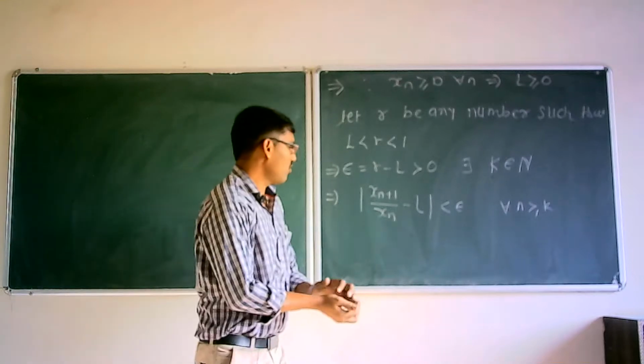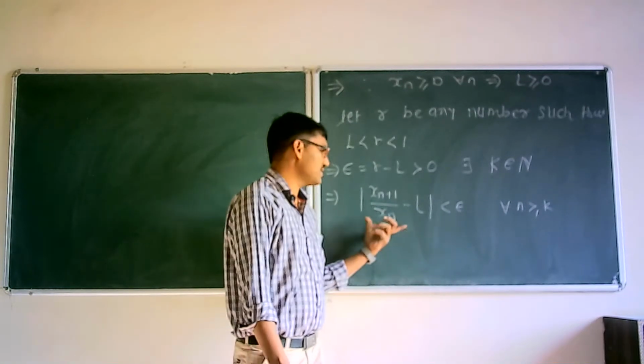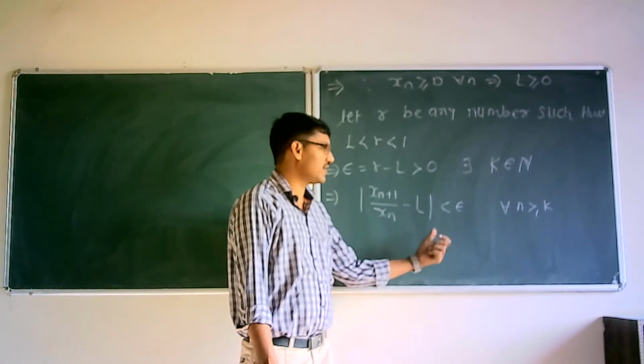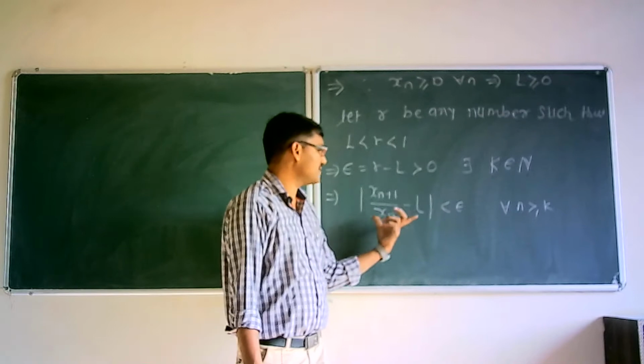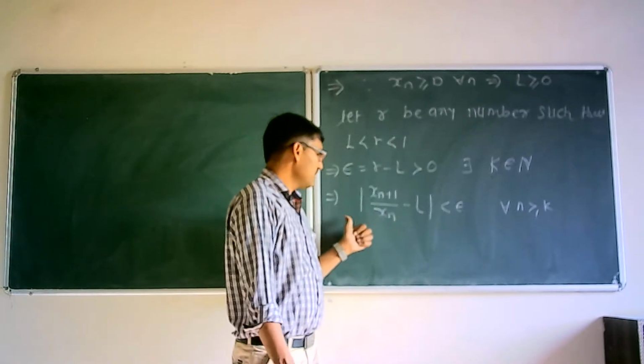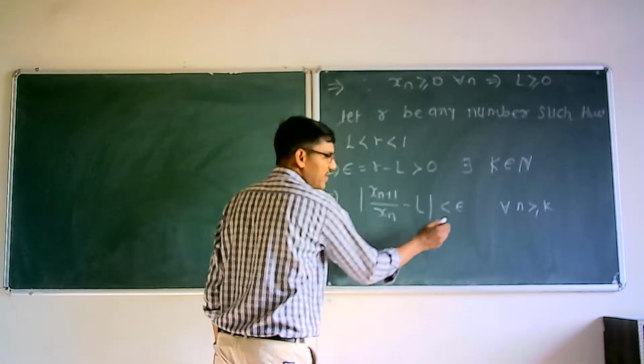Now again all of you know that if mod of x is less than a, this implies the number lies between minus a and plus a if a is greater than 0. Now since epsilon is greater than 0, this number lies between minus epsilon and plus epsilon.